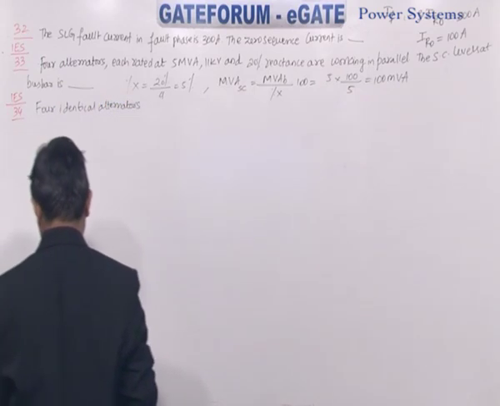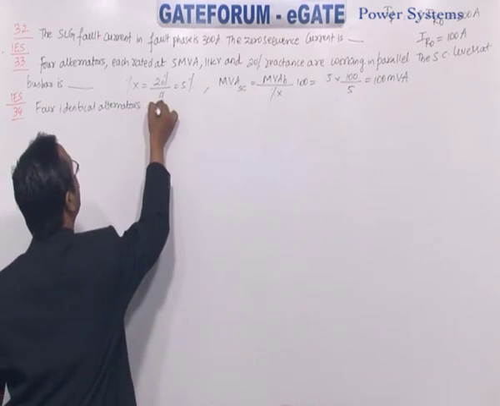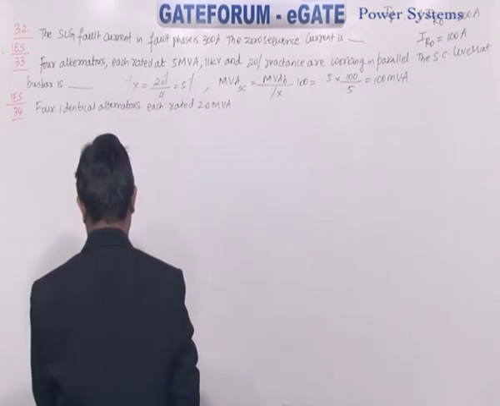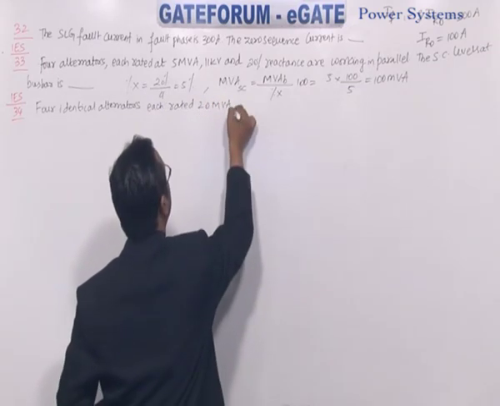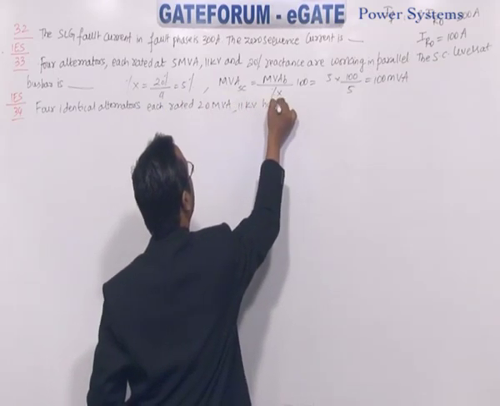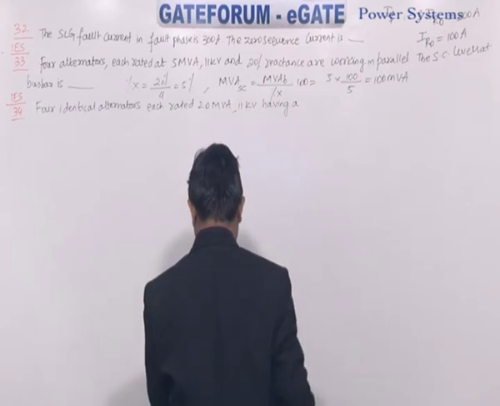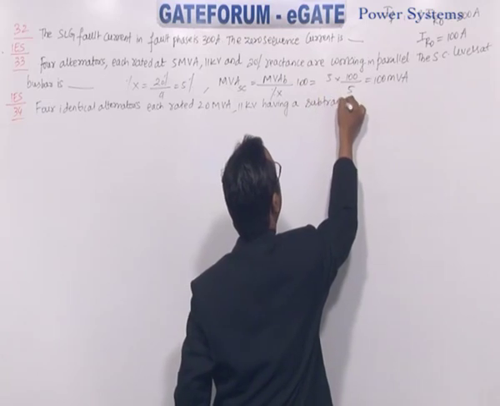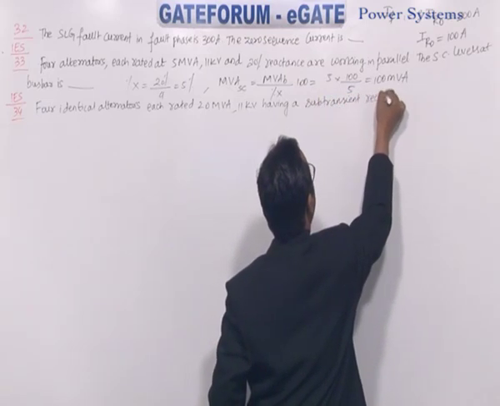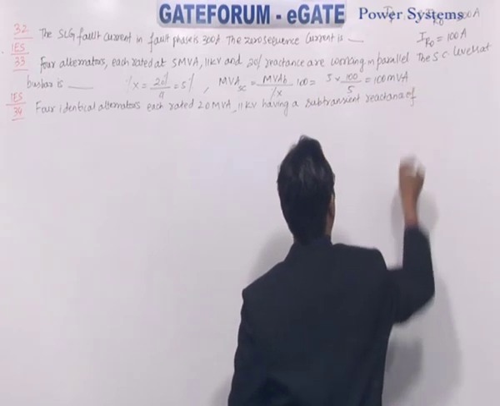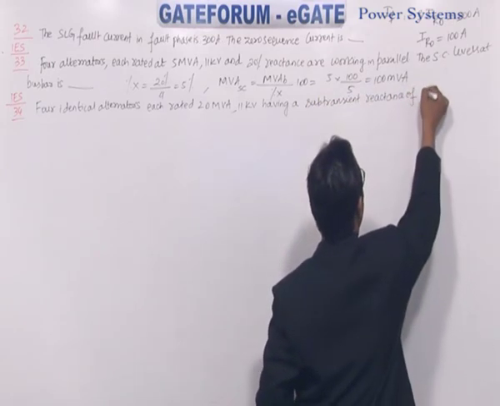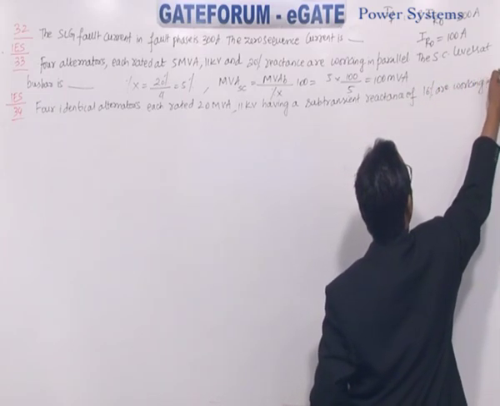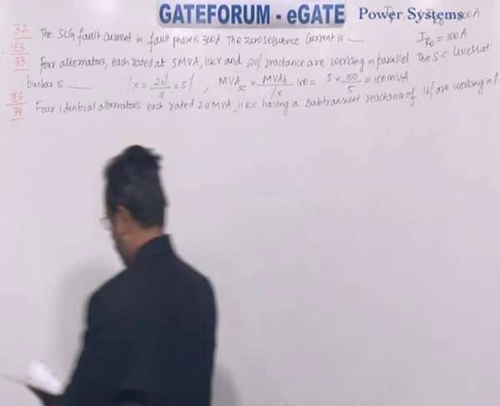Four identical alternators, each rated 20 MVA, 11 kV, having a subtransient reactance of 16%, are working in parallel.